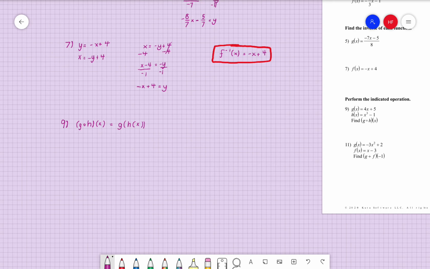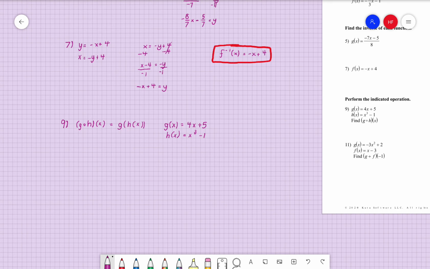So we're going to be using function composition. Let me just rewrite what they are so I have them closer. G of x is 4x plus 5, and h of x is x cubed minus 1.